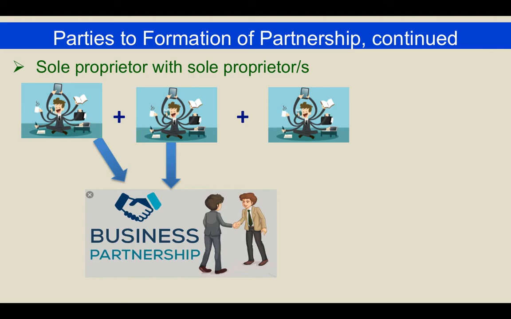So, in summary, two or more individuals can form a partnership, and a proprietor can form a partnership with another individual or individuals. And the third is that several proprietors can join together to form a partnership. Okay?